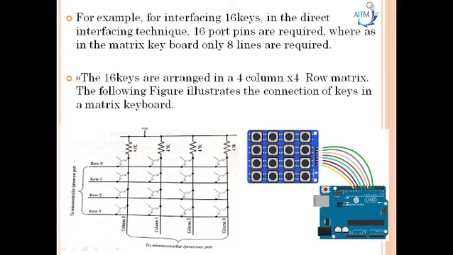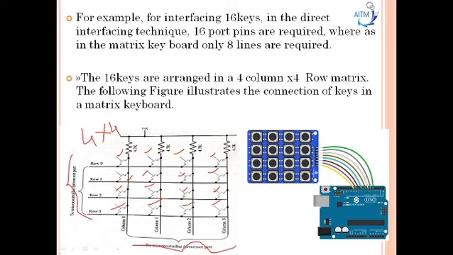So this is a 4 into 4 keyboard matrix because it has 4 rows and 4 columns here. As we can see, we have 16 switches, 1, 2, 3, 4, 5, 6, 7, 8, 9, 10, 11, 12, 13, 14, 15, 16 switches here, which has 4 rows and 4 columns, right?